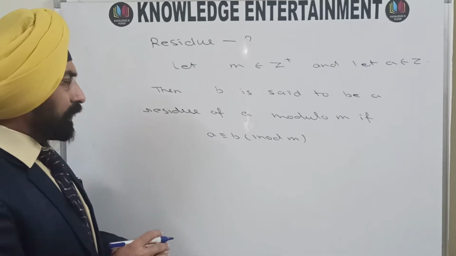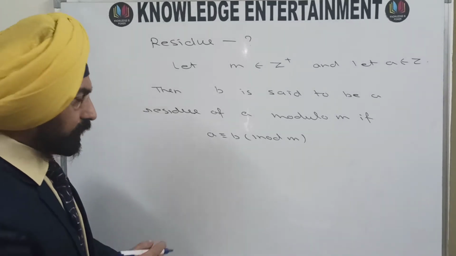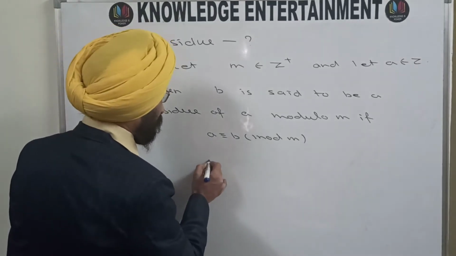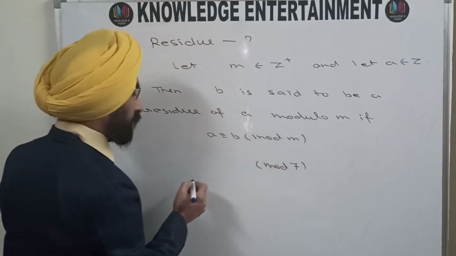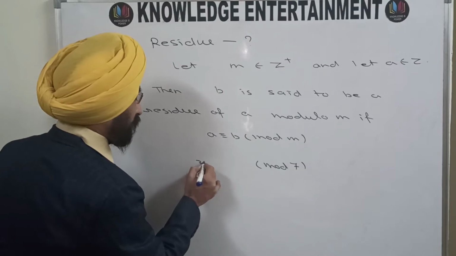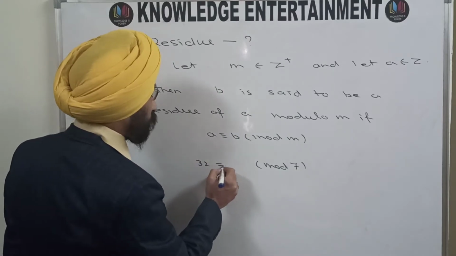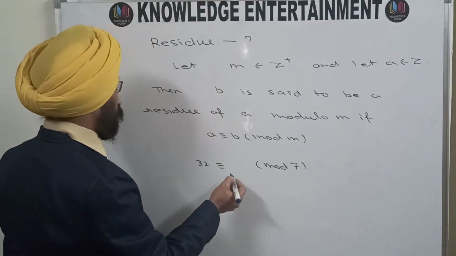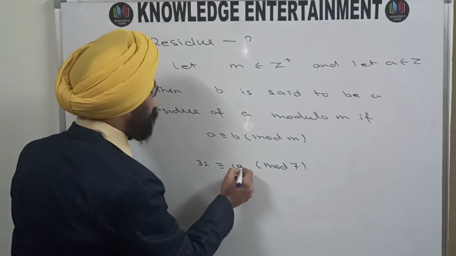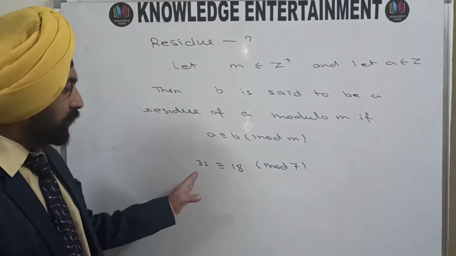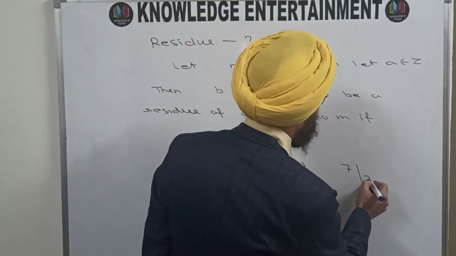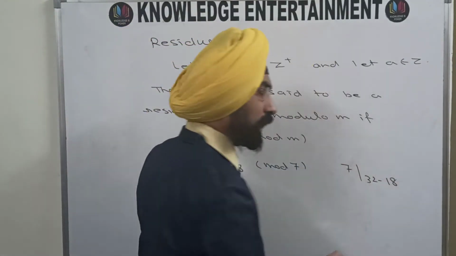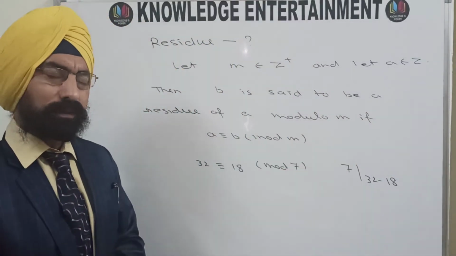For example, suppose you know that modulo 7, 32 is congruent to 18. 32 is congruent to 18 modulo 7 because 7 divides 32 minus 18, that is 14. 7 divides 14 is well known.